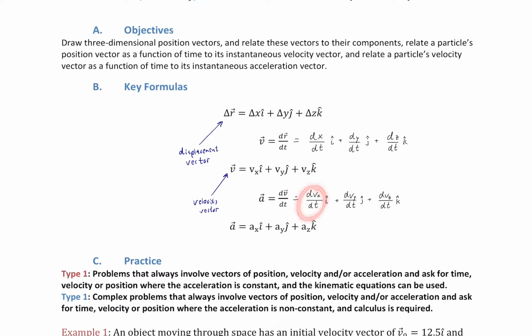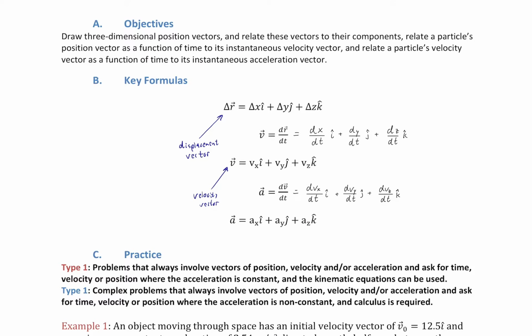You take the first time derivative of the x component of velocity with respect to time, the first time derivative of the y component of velocity, and the derivative of the z component of velocity with respect to time. Okay? And of course, each one is attached to its respective direction. And we can also just write it as a sub x times i hat, a sub y times j hat, and a sub z times k hat.